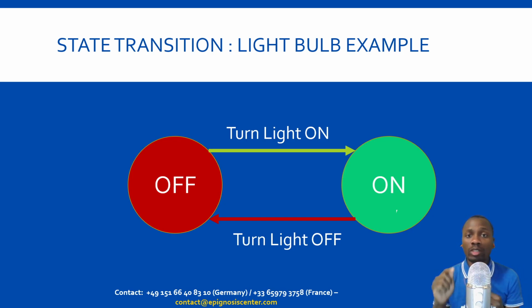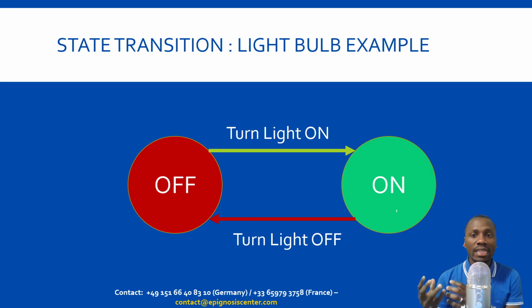You can imagine when you switch on the light in your house. Here I show you a simple example with a light bulb. It is in the state off at the beginning, and you do an action, you turn on the light, and the light will then move from the state off to the state on.